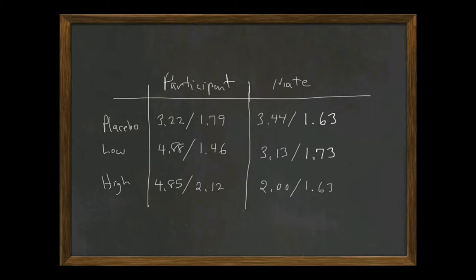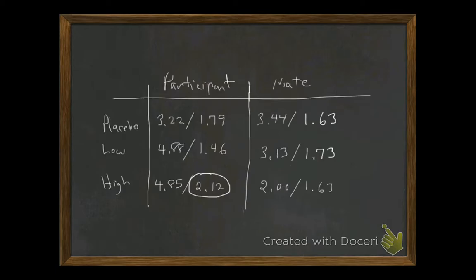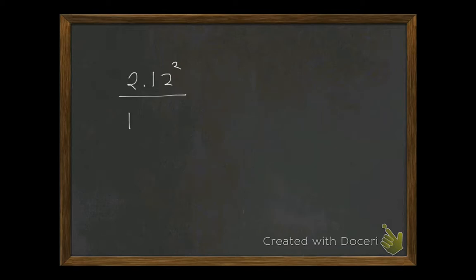The largest standard deviation I have here is 2.12, so I want 2.12 squared over the smallest standard deviation, which is 1.46, squared as well. If the assumptions haven't been violated, then this ratio should be less than 2.